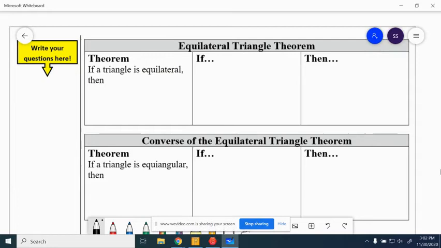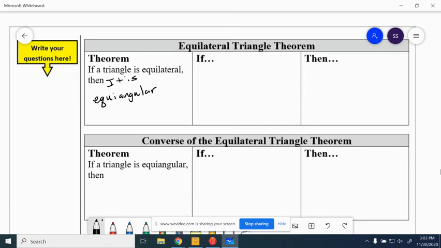Okay, this is 4.1, triangles and congruent figures. We're starting on the back page here today, looking at equilateral triangle theorem and its converse. I think this is going to be pretty obvious to most students. So if a triangle is equilateral, then it is equiangular, which is a weird word.